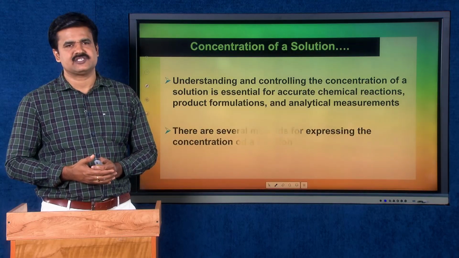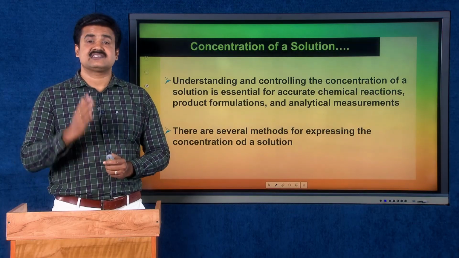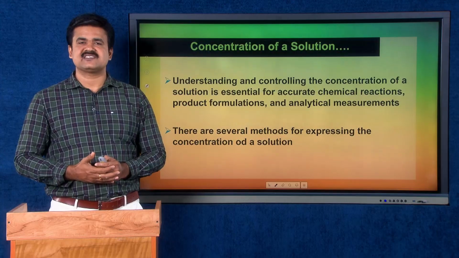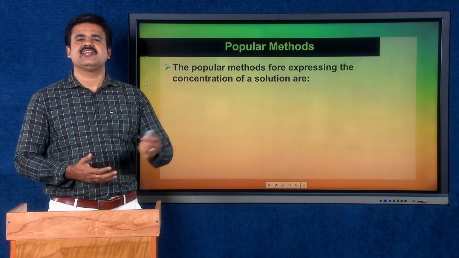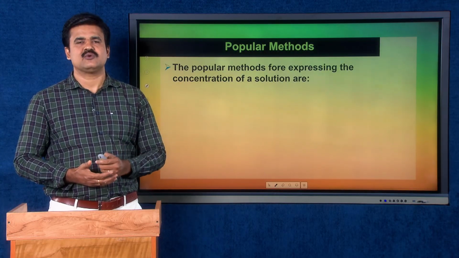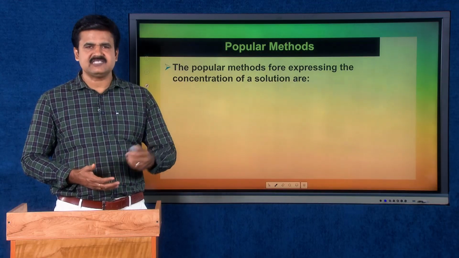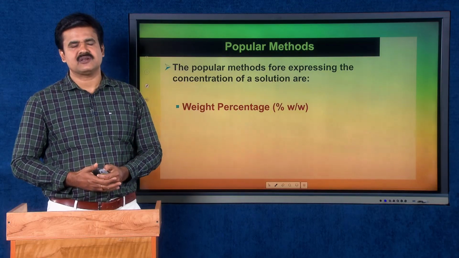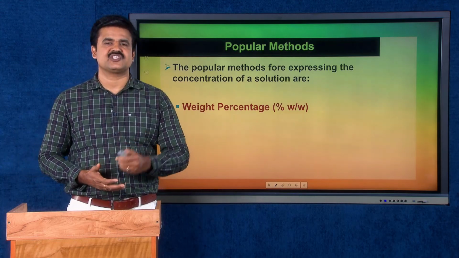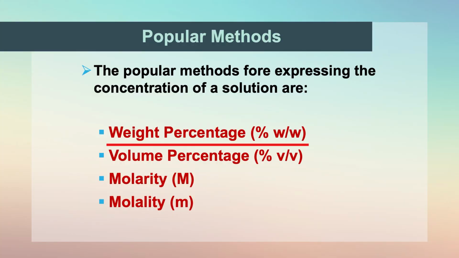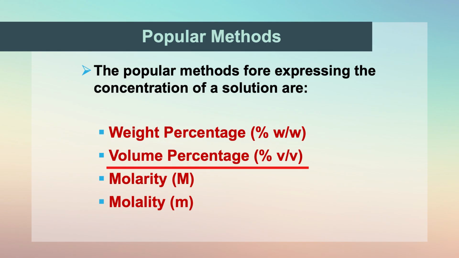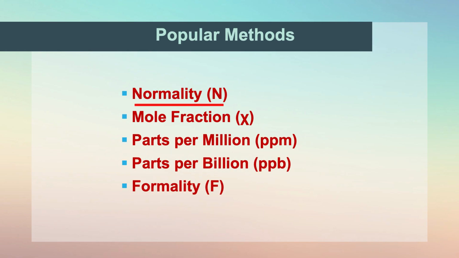There are several methods for expressing the concentration of a solution, and the popular methods are here once again for your reference: weight percentage, volume percentage, molarity, molality, normality, mole fraction, parts per million, parts per billion, and formality.